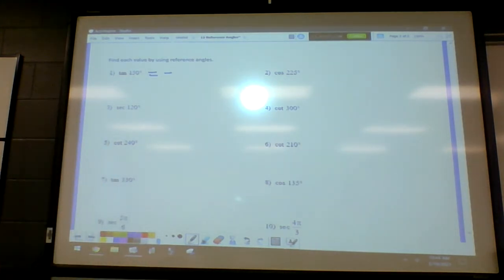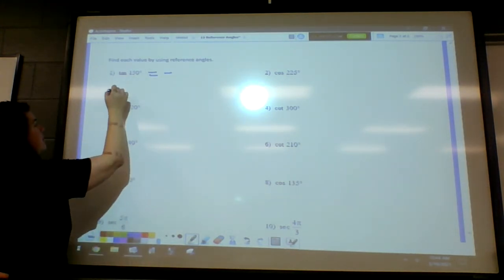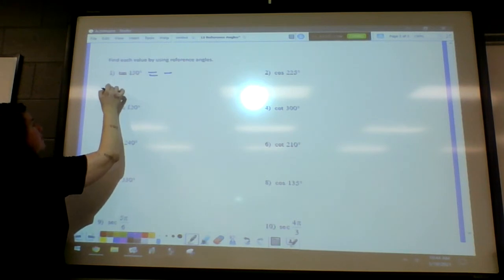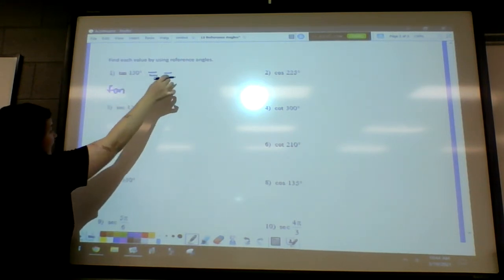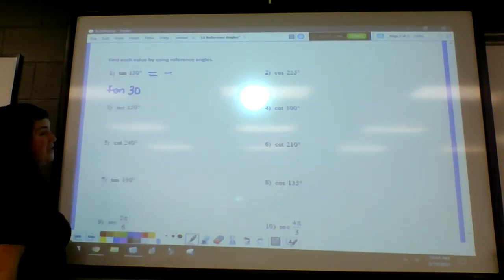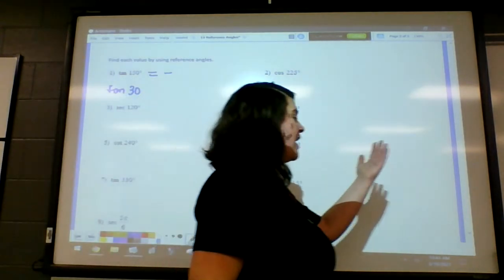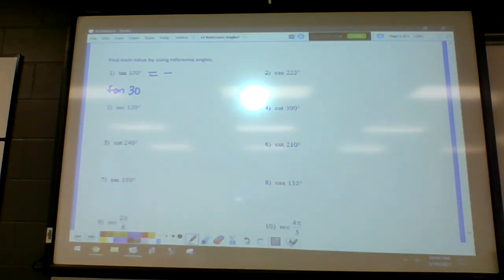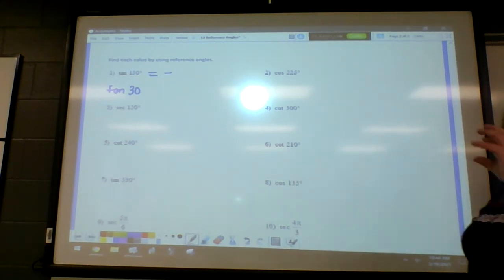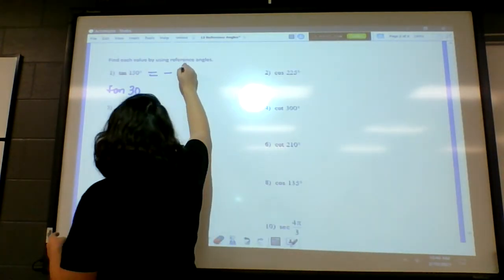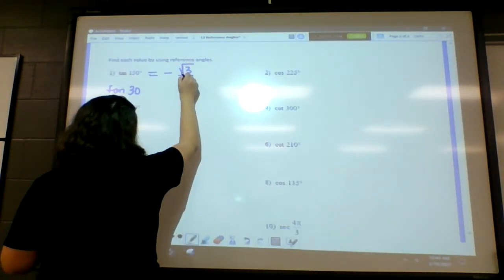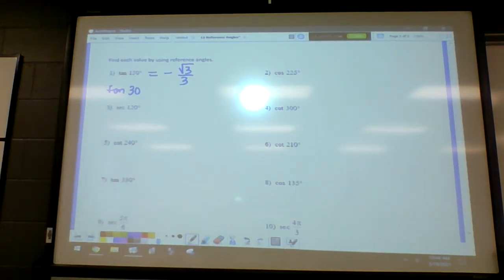What is the reference angle for tangent? 30. So the value there is the same as the tangent of 30. So going back to our first quadrant, here's 30. Sine over cosine. And when you do 1/2 over the square root of 3 over 2, you're going to get square root of 3 over 3, right? Those are those 2 that we had on the side. Square root of 3 over 3.